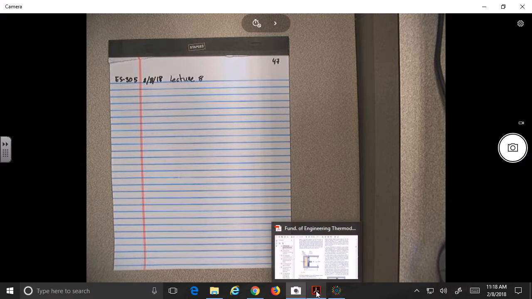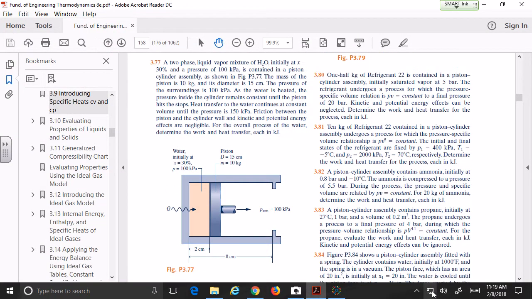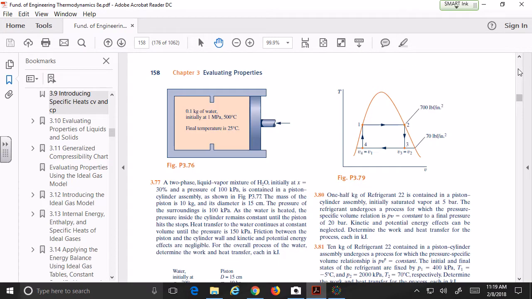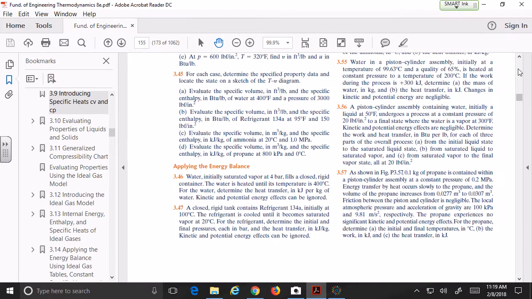So what was the problem number we did last time? Let's just do a new problem. 331. Since I'm here at the problems, I was looking at different problems. So let's do one in the area of 331, I'm guessing, with tables.